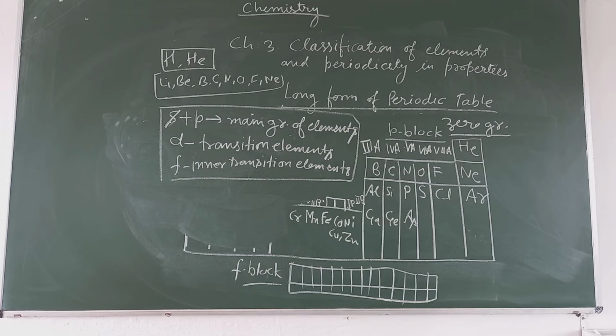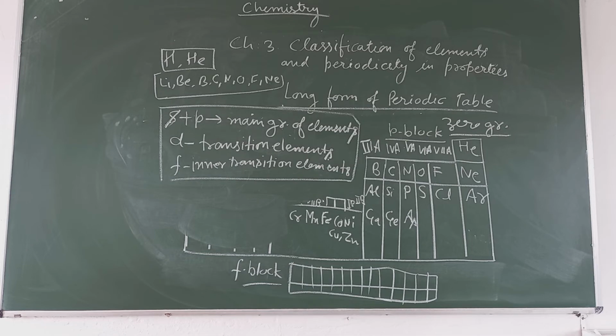Metalloids are known as semi-metals. A demarcation line is present in the p block, which divides metals and non-metals. The p block elements show variable oxidation states.